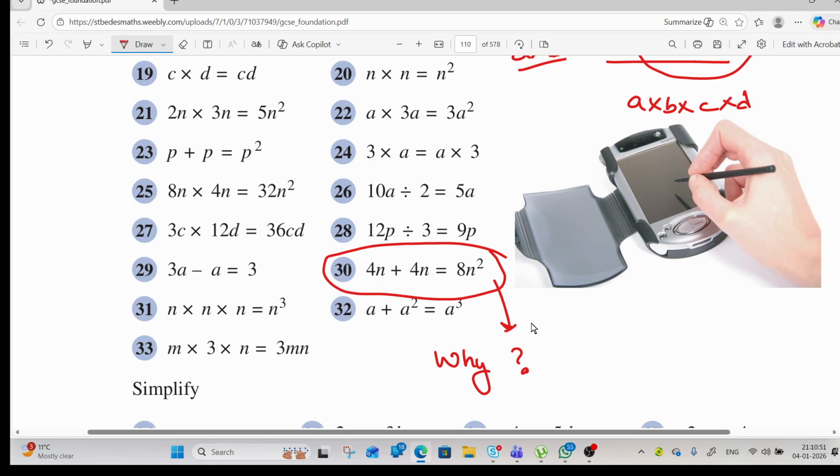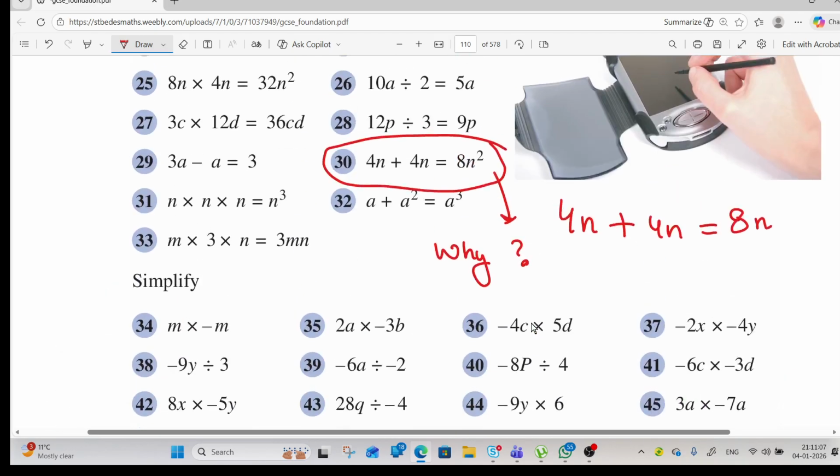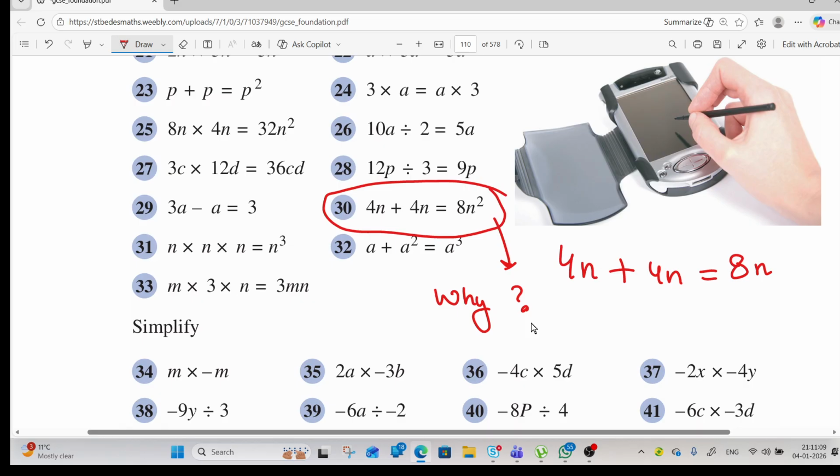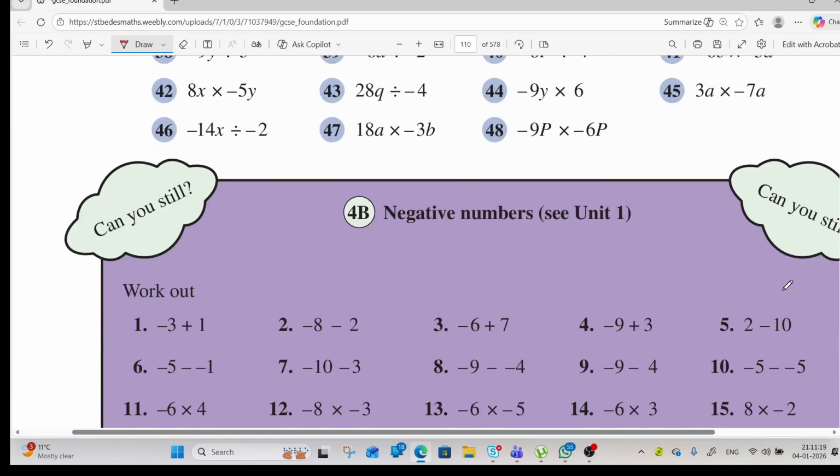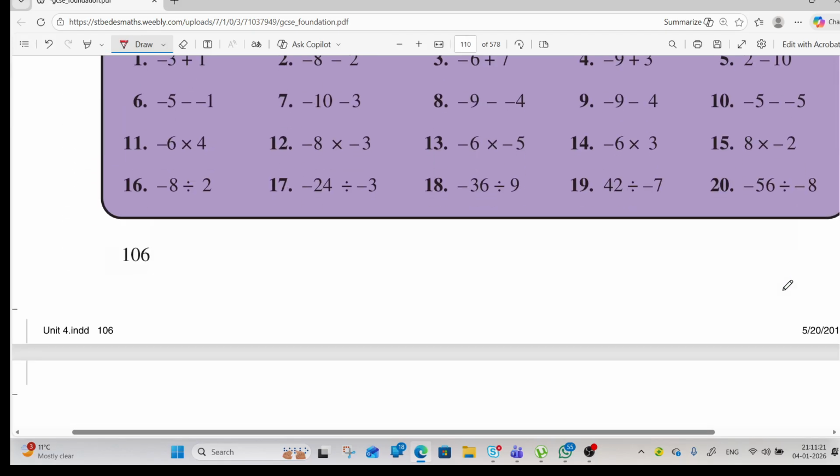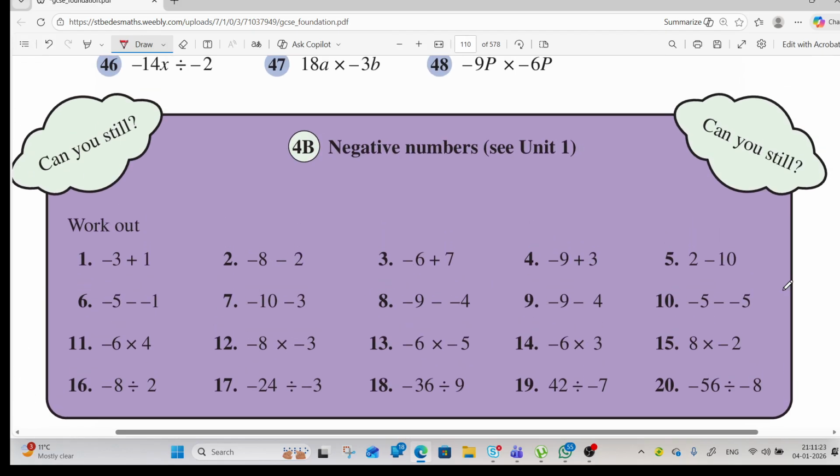Yes, so what should be the correct answer for 4n plus 4n? 8n only, okay? Great. Because if it is 4n times 4n, then you get 4 times 4 is 16, and then you do n times n, which is n square, right? Okay, great.